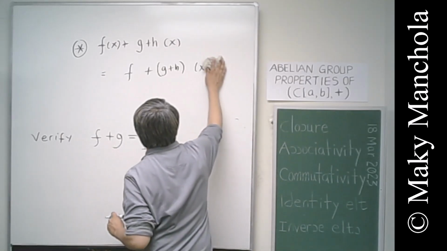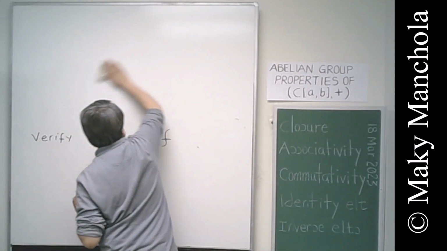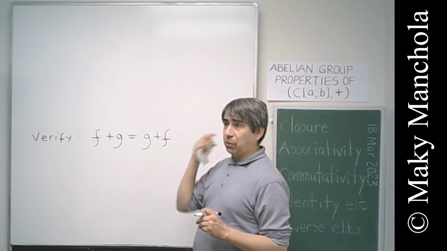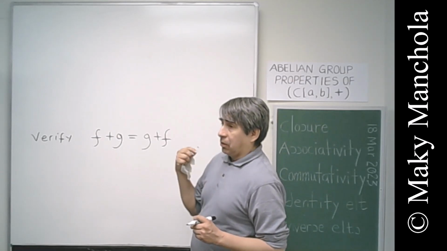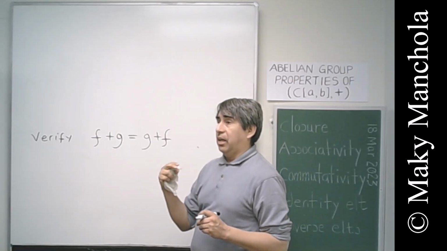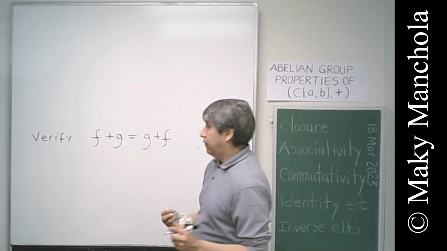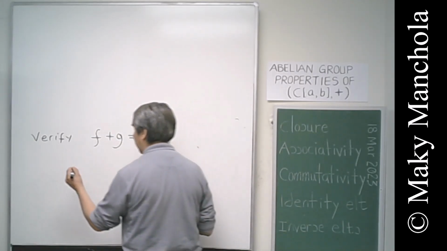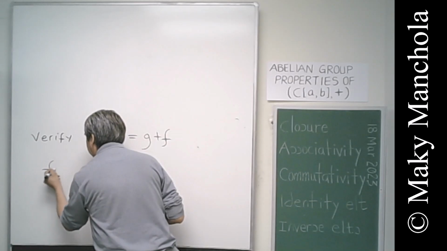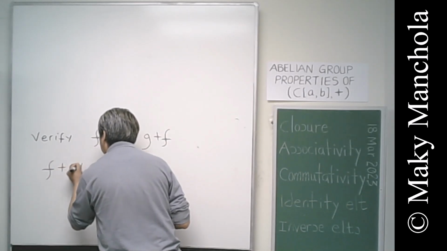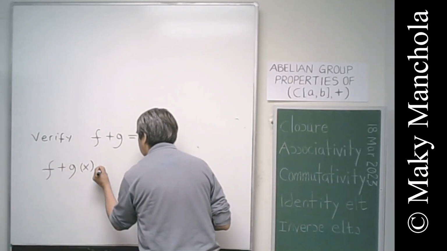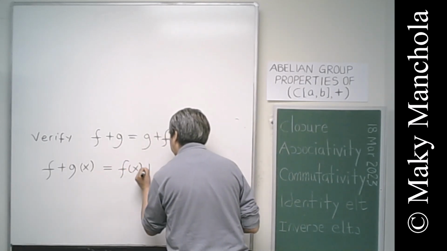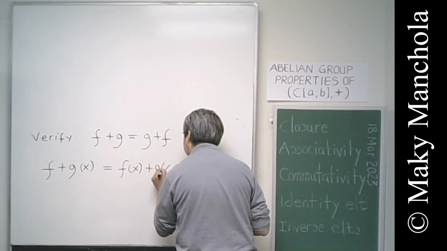So, what is the function f plus g? It's the set of ordered pairs x, y such that y equals f of x plus g of x. So write this in an abbreviated manner, f plus g of x. What is that equal to? That equals f of x plus g of x.